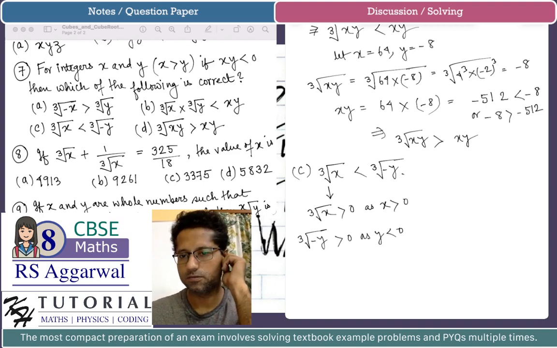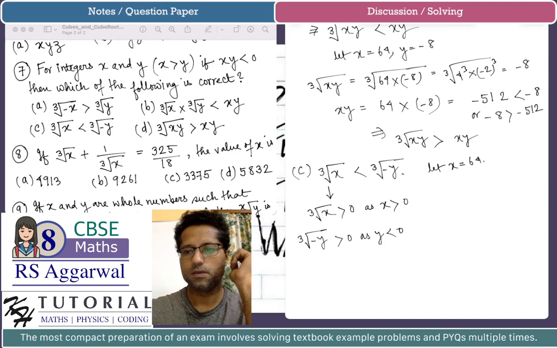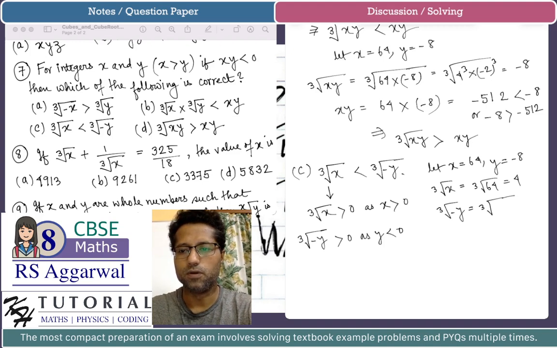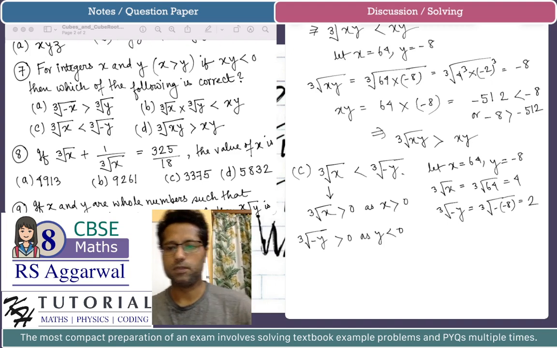Cube root of x is cube root of 64, that is 4, and cube root of minus y is cube root of 8, that is 2.